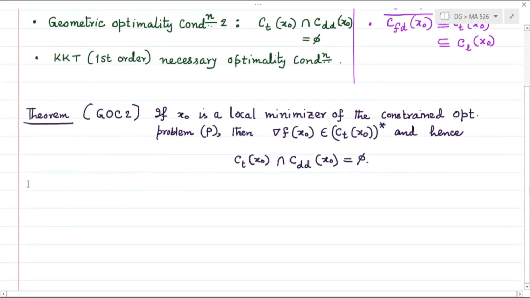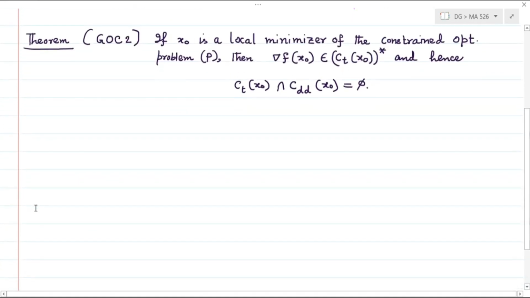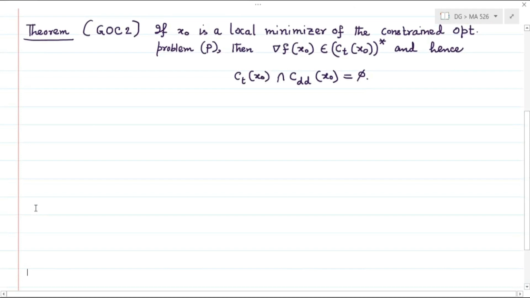Let me just quickly prove this result, and then we will get into the KKT optimality condition, which will be derived with the help of this geometric optimality condition 2.